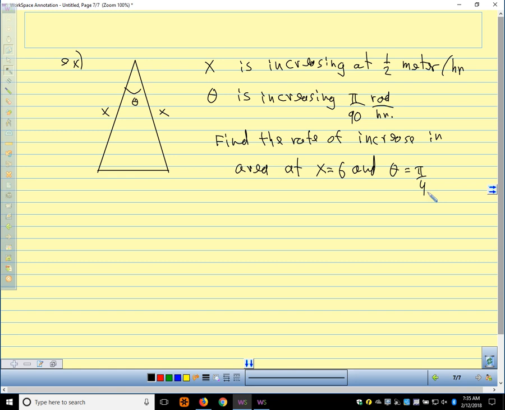So we have a related rates problem. We want dA dt, the rate of increase in the area, the derivative of the area with respect to time. And x and theta are both functions of t.